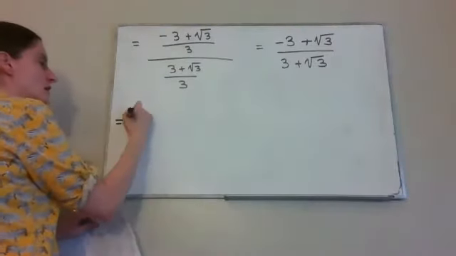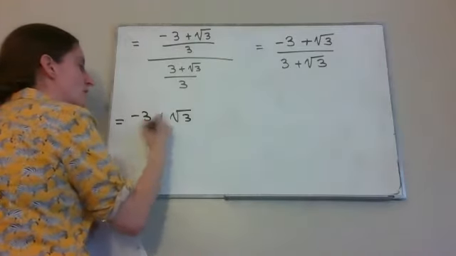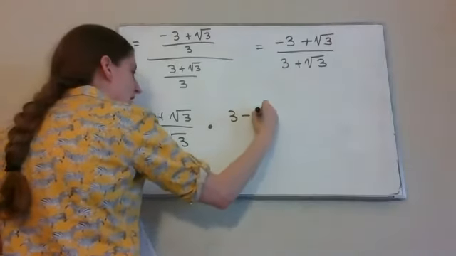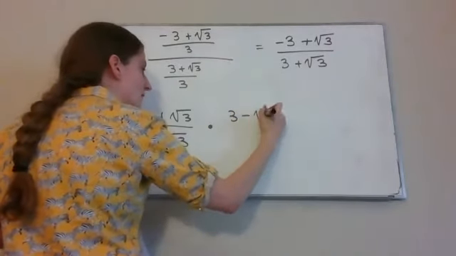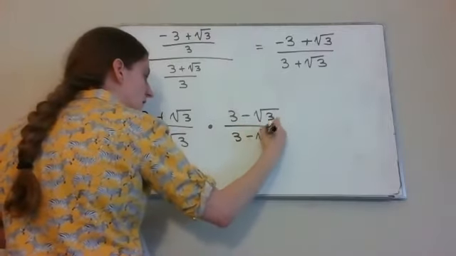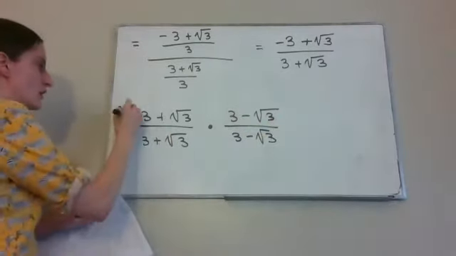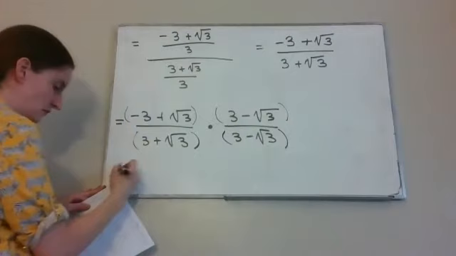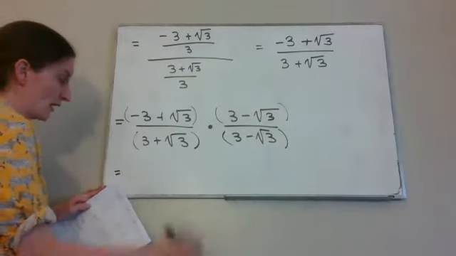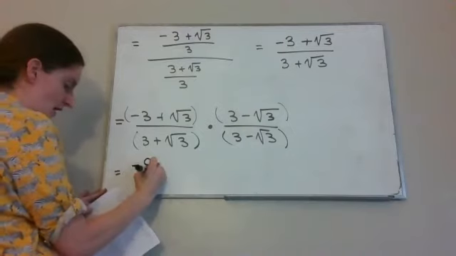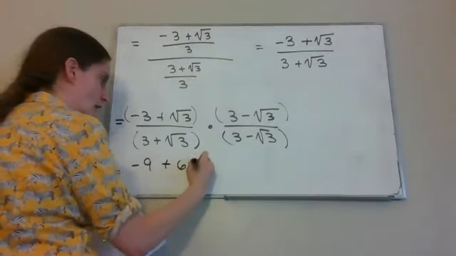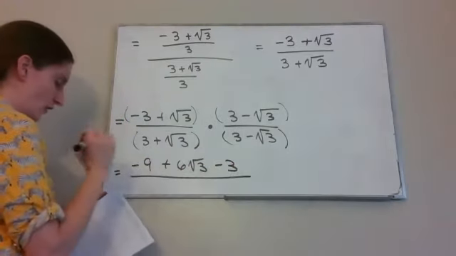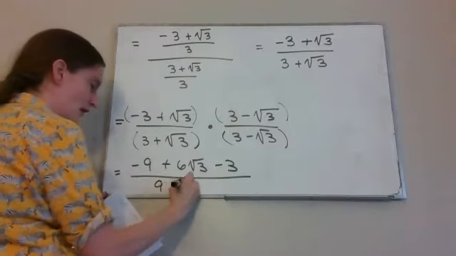So to rationalize the denominator, I'm going to have to multiply both the numerator and the denominator by the conjugate of the denominator. And then you have to do a bunch of distribution to get the proper answer. If I distribute on the top and combine my like terms, I get negative 9 plus 6 square root 3 minus 3 over, and in the bottom, I get 9 minus 3.